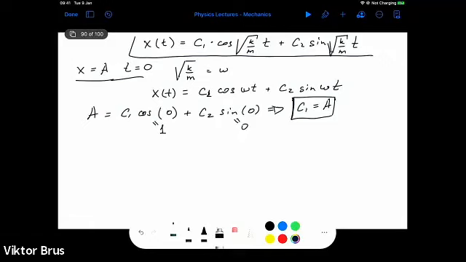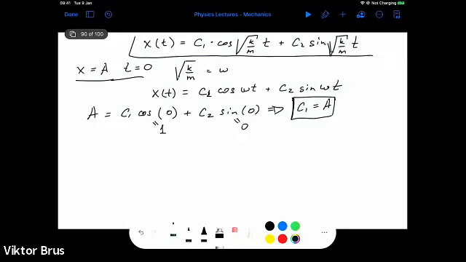Do you have any ideas what kind of boundary condition we can consider? What do we know about the block at t equals 0, besides that its displacement is equal to capital A?